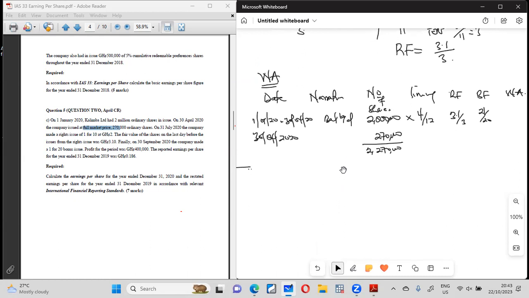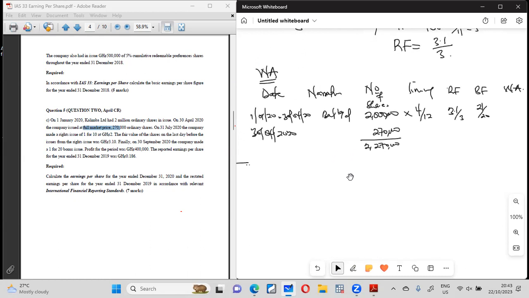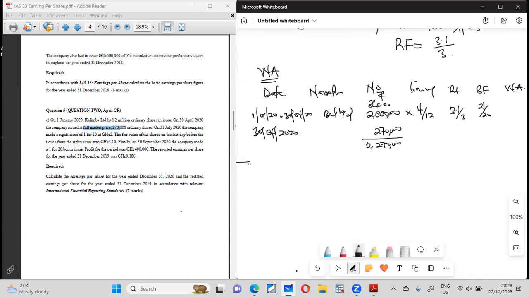So now what is going to happen is that this one will last to when there was another issue. So this is 30th April 2022 when there was another issue which was on 31st July. So 31st July 20, that is when this balance is going to last for. So you count April, May, June, July.